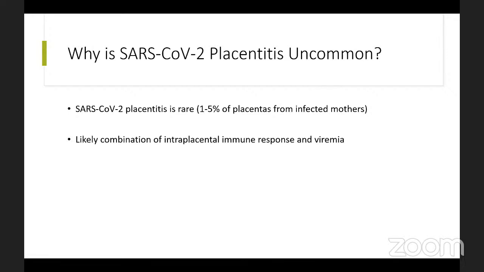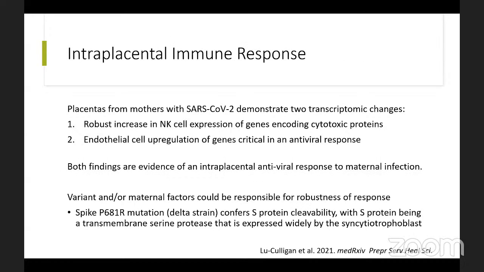And overall, it's likely a combination of intraplacental immune response and maternal viremia that is responsible for the creation of SARS-CoV-2 placentitis. First, to speak a little about intraplacental immune response: we know that placentas from mothers with SARS-CoV-2 demonstrate two transcriptomic changes.